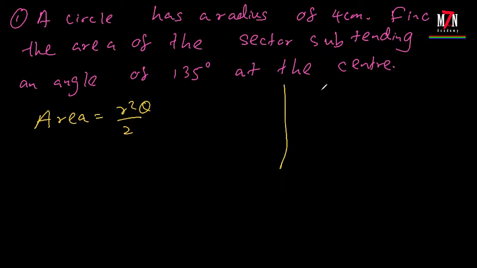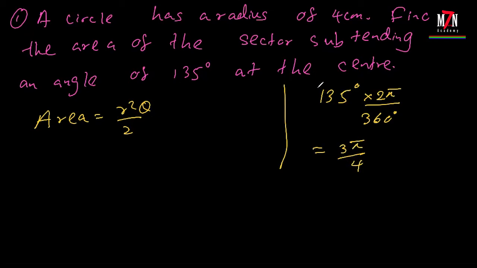So what we have to do first, we have to convert this 135 degrees into radians. Come on, you can do this. 135 should be multiplied by 2 pi over 360. Then you can simplify this. Then you will have the answer as 3 pi over 4.